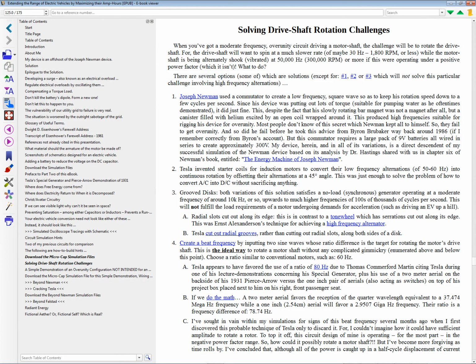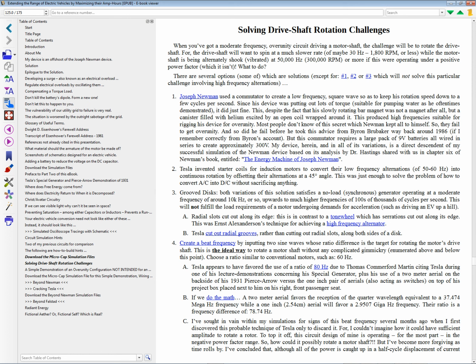Assuming a quarter wavelength resonance for each of those objects, I determined that the 2 meter aerial was resonant with a wavelength in the frequency range of 37.5 megahertz. And then the little 1-inch switches were resonant with nearly 3 gigahertz.